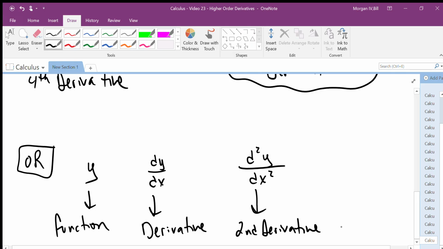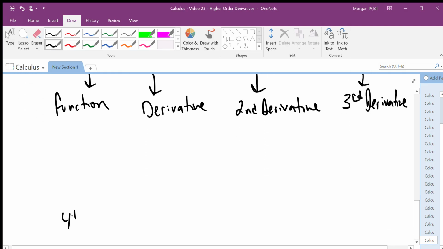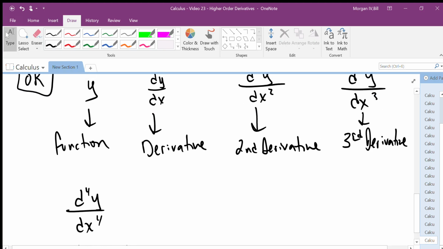The third derivative is d3y over dx3, and so on and so forth. The fourth derivative is d4y over dx4. And the nice thing about this notation is it doesn't change form once you get to the fourth derivative.